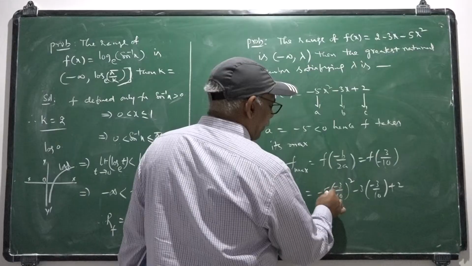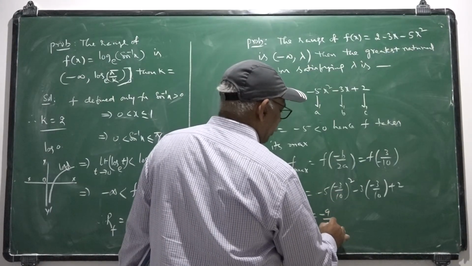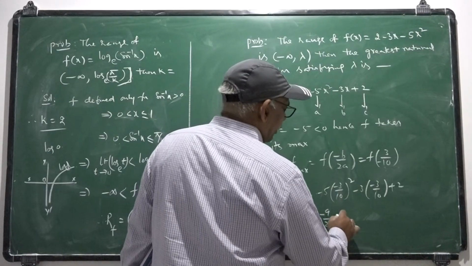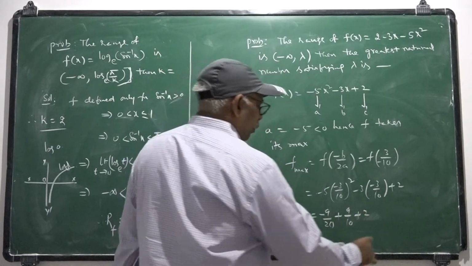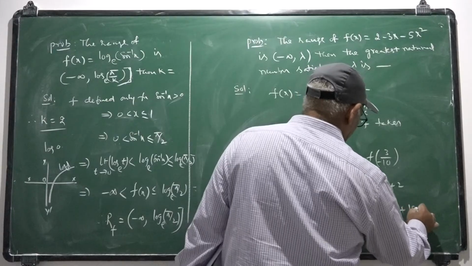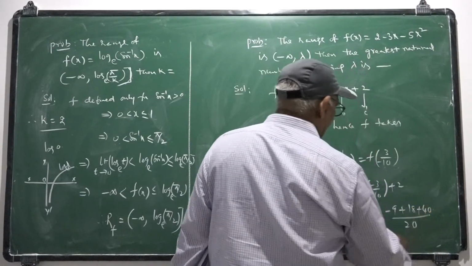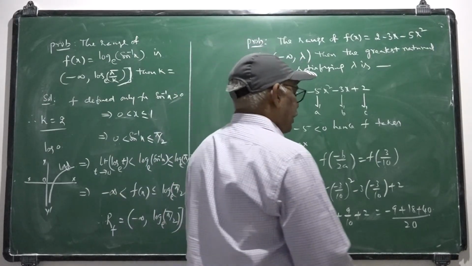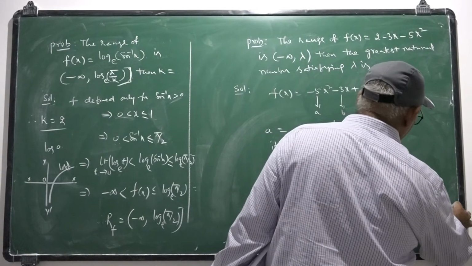That is minus 9 by 20, plus 9 by 10, plus 2. That is minus 9 plus 18 plus 40 by 20, which is 49 by 20.